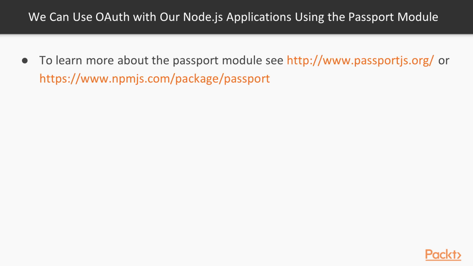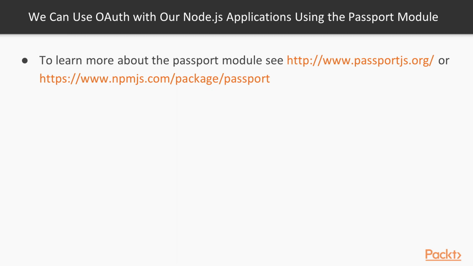We can use OAuth with our Node.js applications using the Passport module. And again, OAuth is a thing that you can do with a lot of different programming languages. So for example, if you were to use Python or Java or some other language, you could incorporate OAuth within your application.